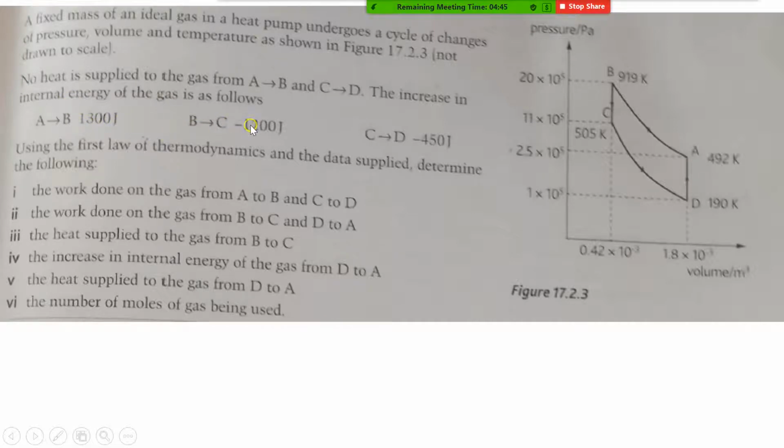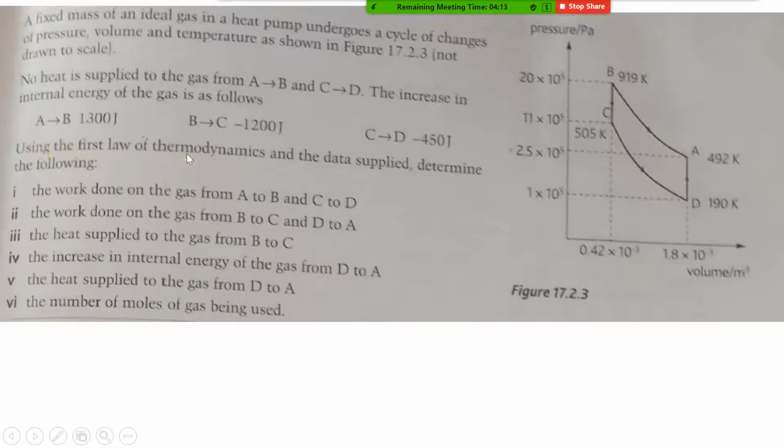From B to C, my internal energy is going to be minus 1,200, which just shows us that you're losing heat. And I'll explain why. From C to D, it is also losing temperature, or losing heat. So they said it's minus.